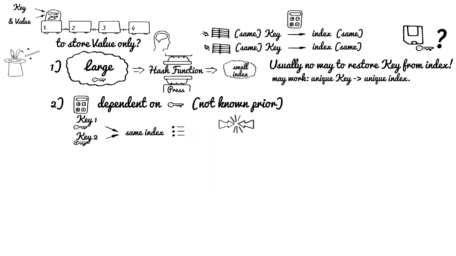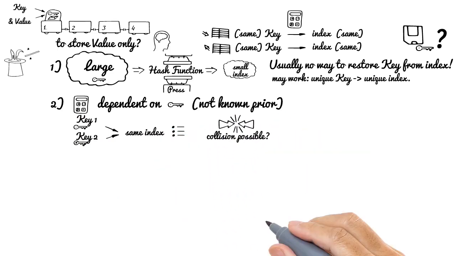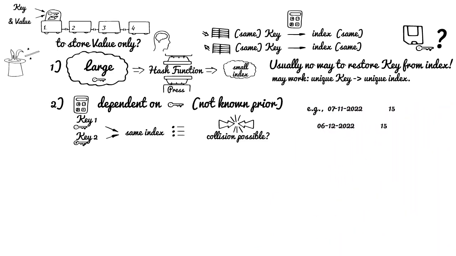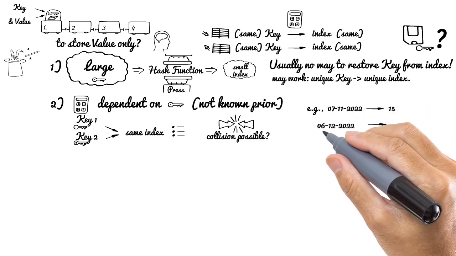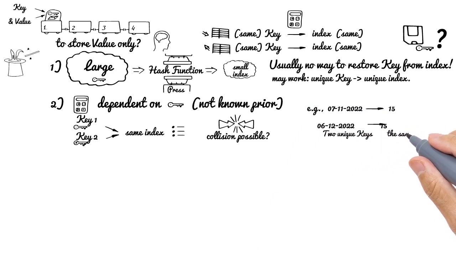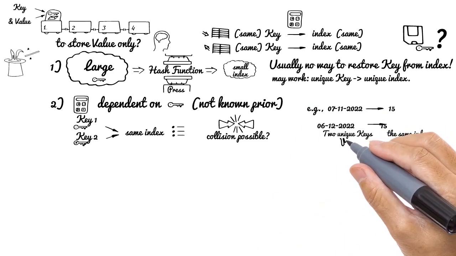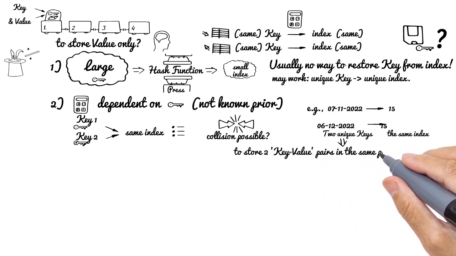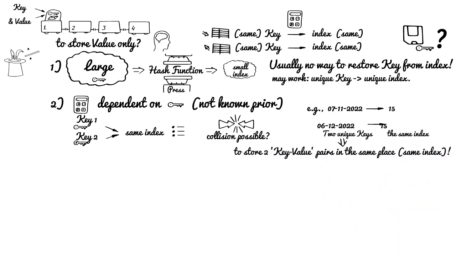Is such a collision possible? Look into the example of our hashing function taking a date as a key. Making a small change in the date, having another unique date, but with the same calculated index. So we have a collision example, when you need to store potentially two key value pairs in the same place within a table.